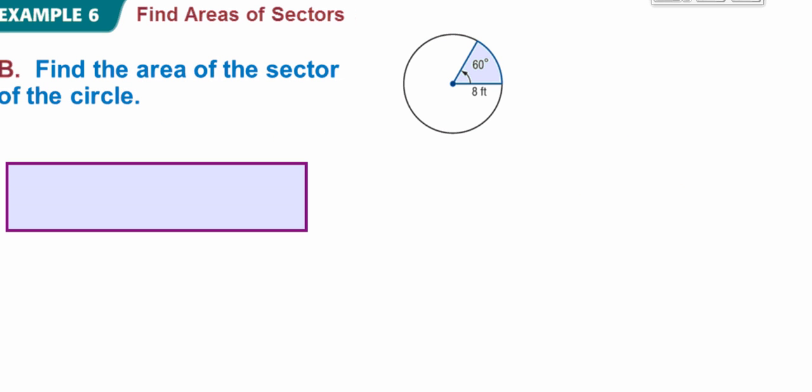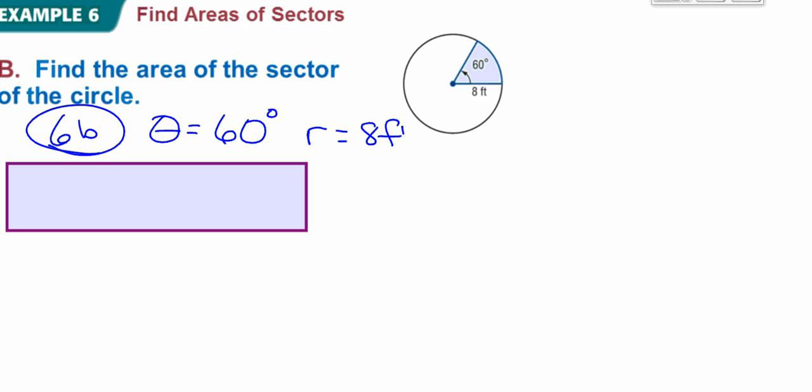Then we have one more of these, and this is the same kind of problem, 6b, but here our central angle theta is 60 degrees, so that's an issue that we'll have to deal with, and our radius is 8 feet. By the way, always make sure it is truly the radius that you know. In these pictures, it's pretty easy to decide.